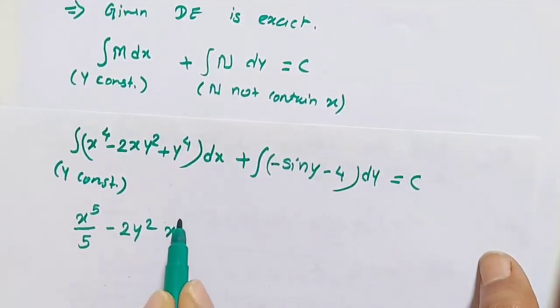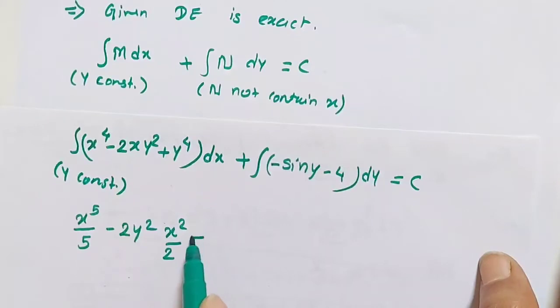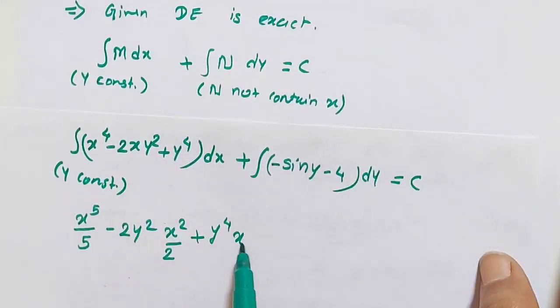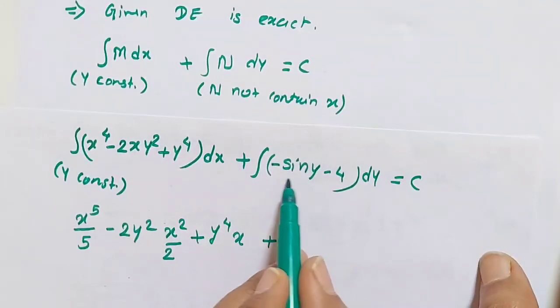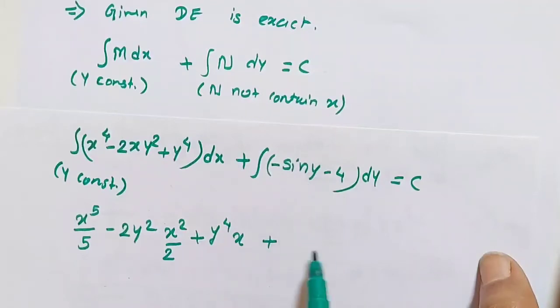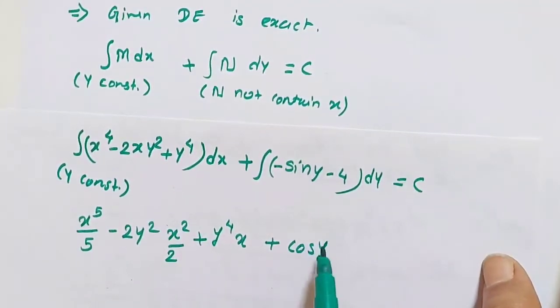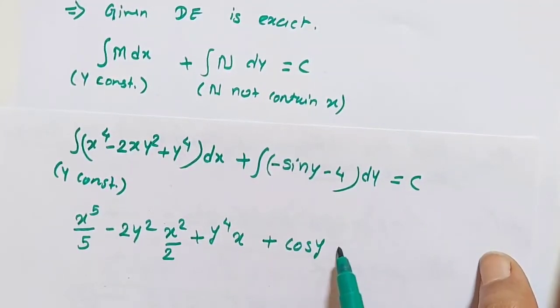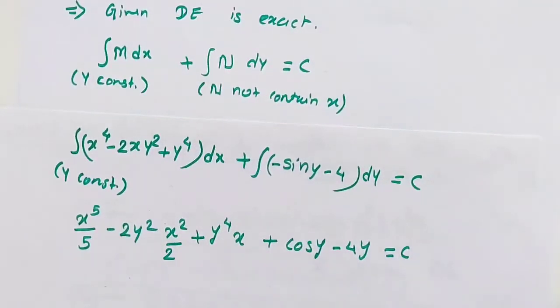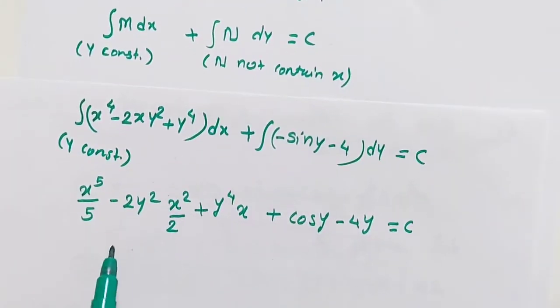The integration of x is x^2 by 2, plus y^4 as it is, and the integration of dx is x. Then the integration of the right hand side term: the integration of minus sin y is cos y, and the integration of minus 4 is minus 4y, plus the integration constant c as it is. So this is our final answer.